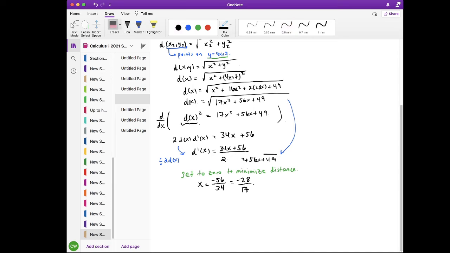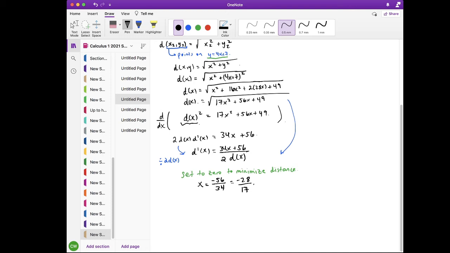Well, other critical points are when the denominator is equal to 0, right?